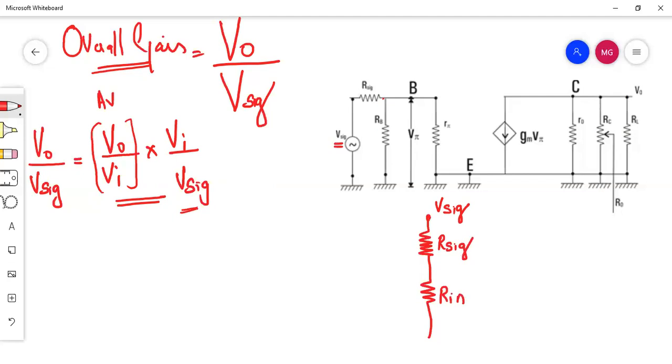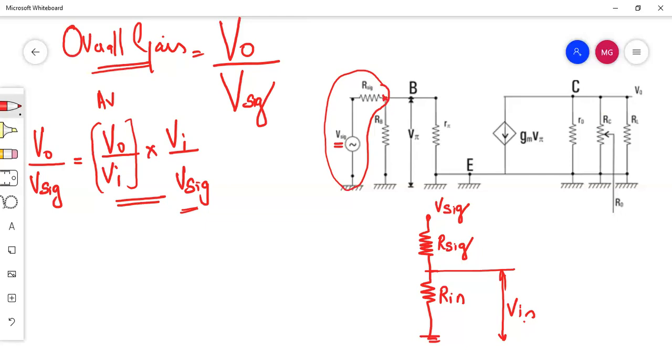And this is ground, and this voltage is V input. So there is the V signal and R signal portion, and after that there is the R input, with voltage Vi across it. This is the total with the input resistance mentioned here.